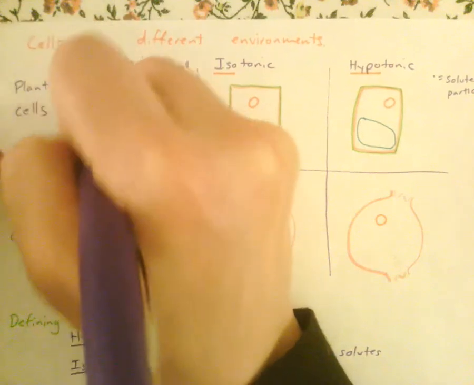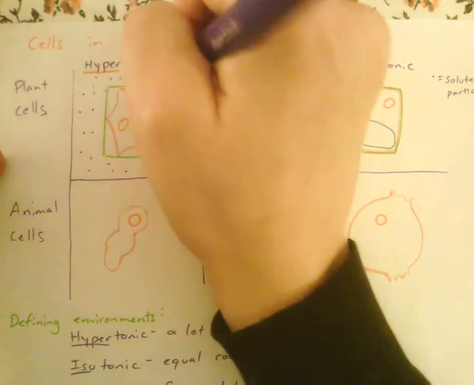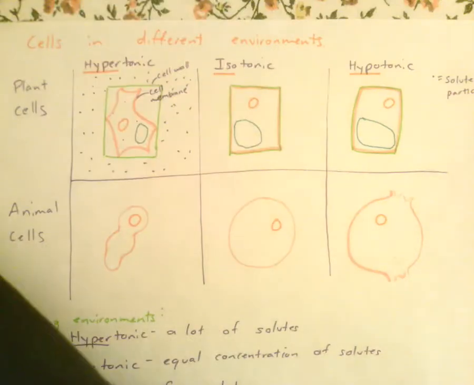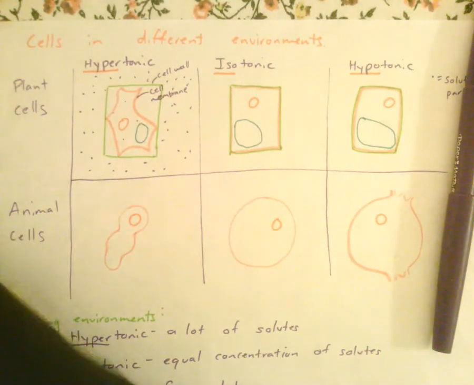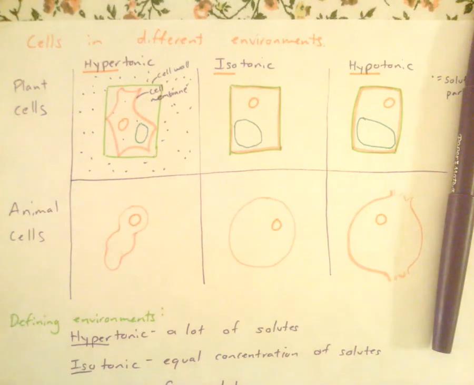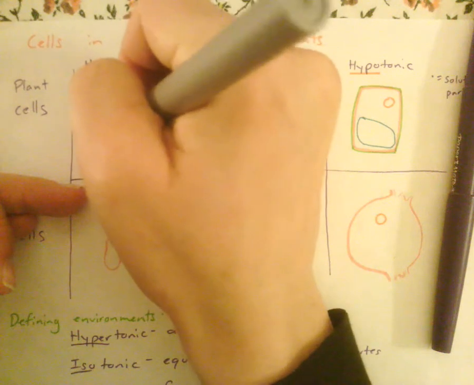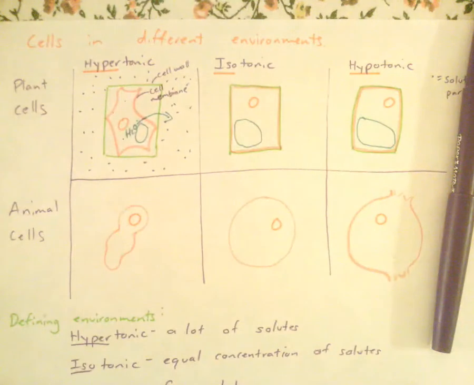So this means that there are a lot of particles, so I'm going to put lots and lots of dots here within my environment. There's still some material dissolved within the cell. But what we're going to see is a net movement of water, so I add this water moving out of our cell and into the environment.